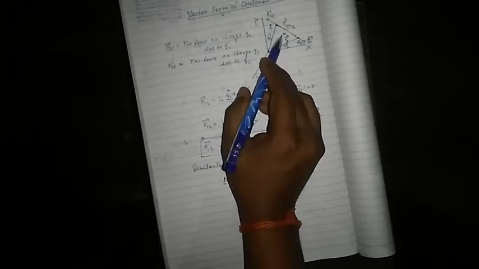We can now see r12 and r21 are equal and opposite. Therefore the vector r12 is minus r21, because the directions of both vectors are opposite. Therefore F12 is minus of F21. This is the vector form of Coulomb's law.